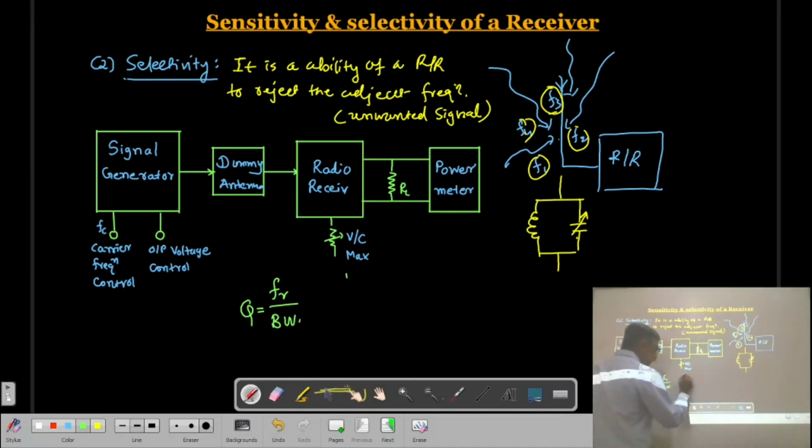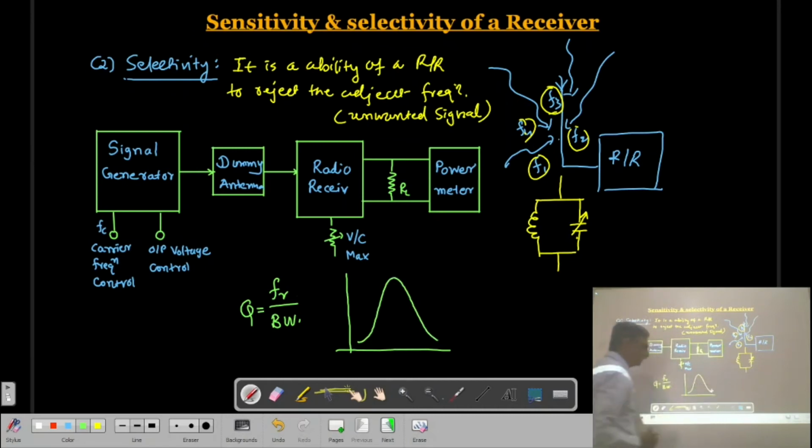So if we plot this resonance curve, and you have a curve like this, then this is my resonance frequency, or let us say the frequency which you are going to listen to, and the adjacent frequencies, and this is the bandwidth. Remember, this is the bandwidth, correct? Let us say the adjacent frequencies are f dash and f double dash.